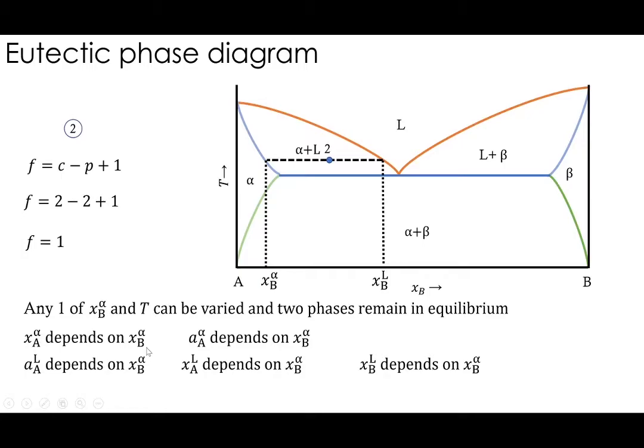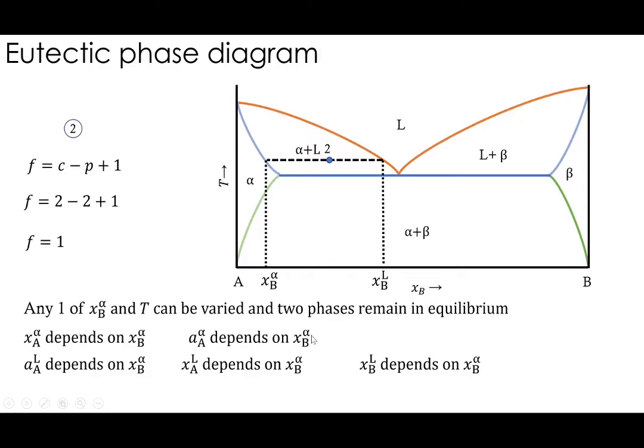Fine. We also know that XA alpha is going to define what is activity of A in alpha, isn't it? Activity is a function of mole fraction, right? So if activity is going to be dependent on composition of A in alpha, which in turn depends on XB alpha, we can write directly this one. Activity of A in alpha depends on XB of alpha.